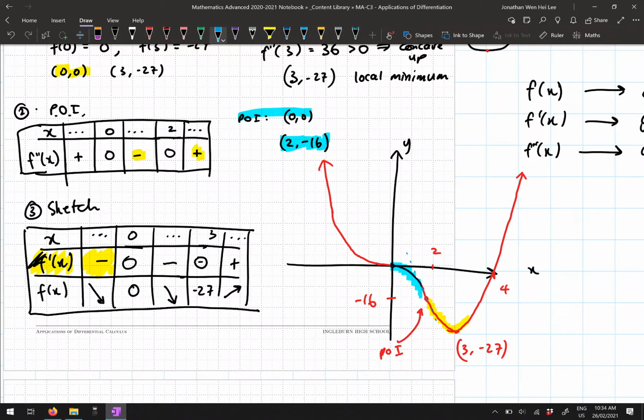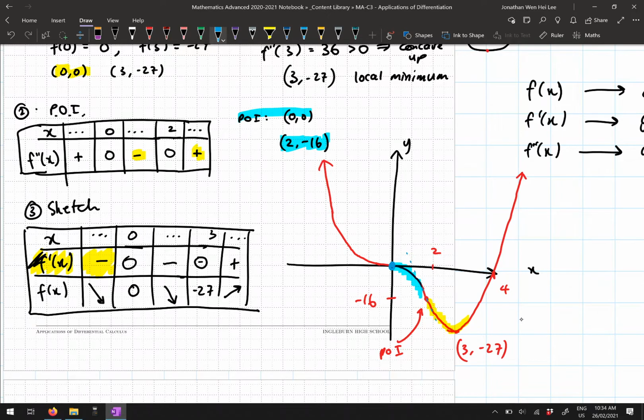Where's our horizontal point of inflection on this graph? Give me a coordinate. 0, 0? It's just 0, 0. 0, 0 is our horizontal point of inflection, because the other one is a local minimum.